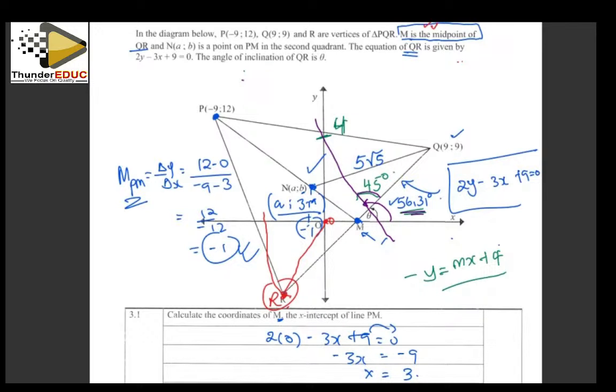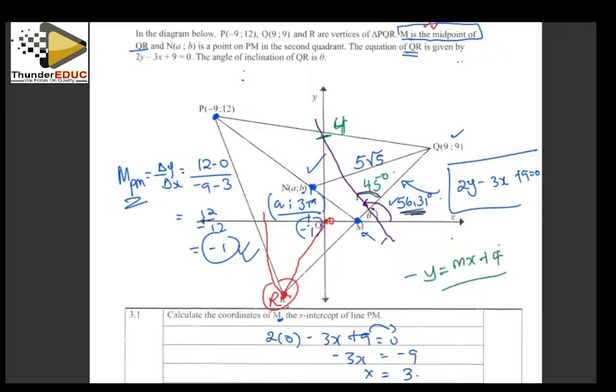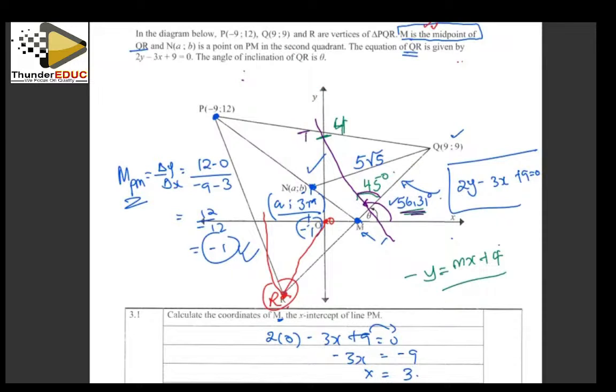So 56,31 plus the 45 gives me 101,31 degrees.